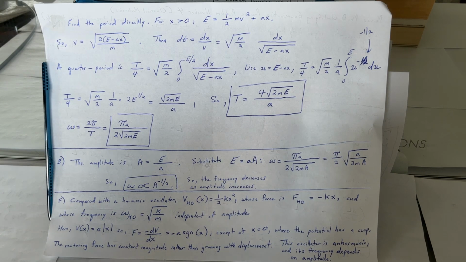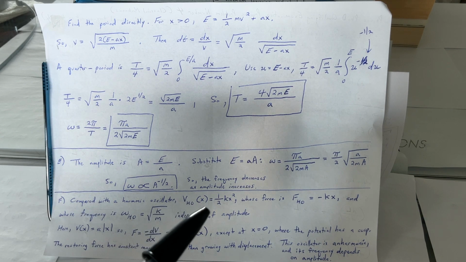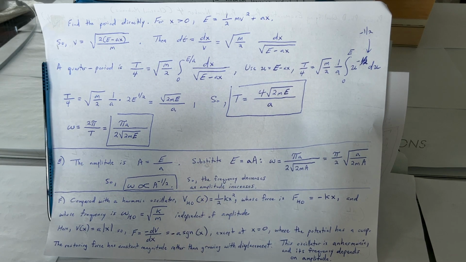And for part F, we want to compare this oscillator with the harmonic oscillator, whose force is given as -kx, and whose frequency is the square root of k over m, independent of amplitude. Well, here we have V of x equals a times the absolute value of x.